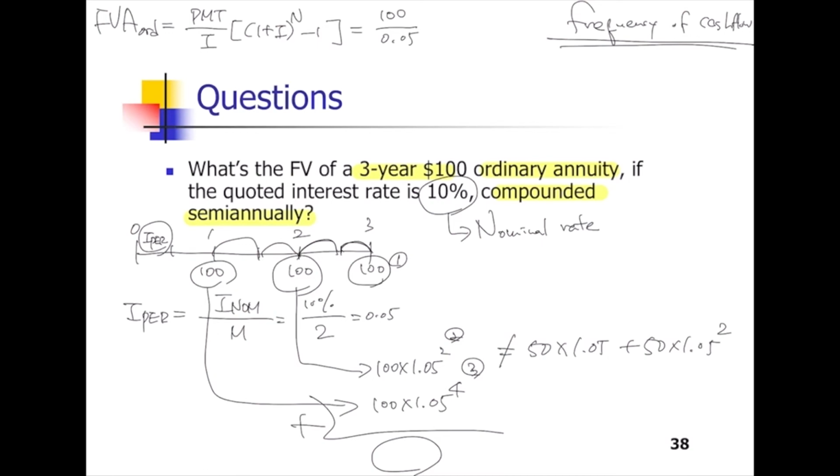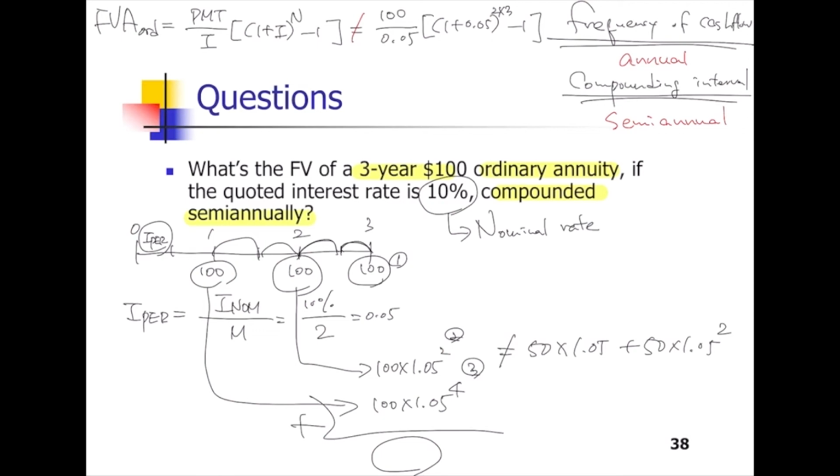I just write down 1 plus 0.05 power of n, the semi-annual periods, but we have 3 years, minus 1. Is that right? No, because the frequency of cash flow is annual, but the compounding interval is semi-annual.